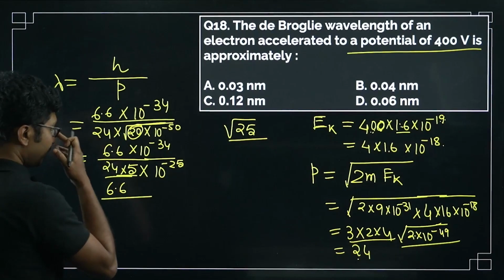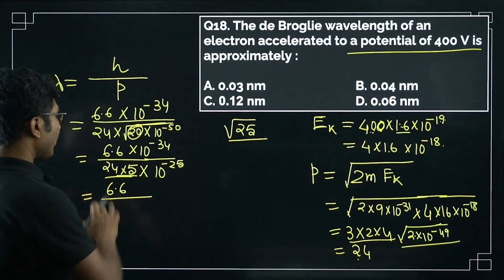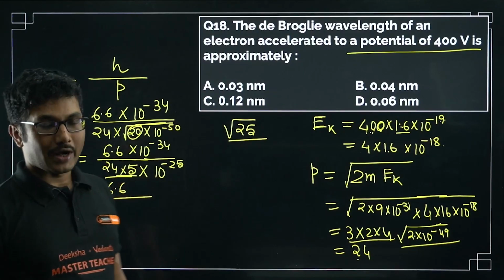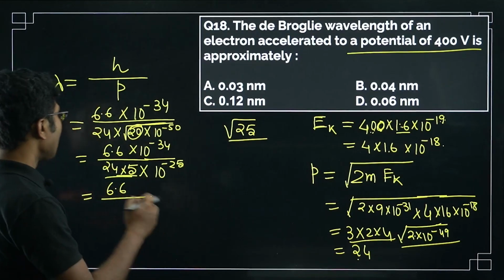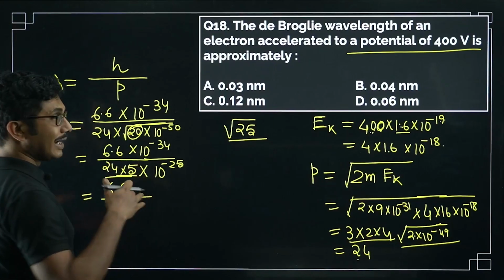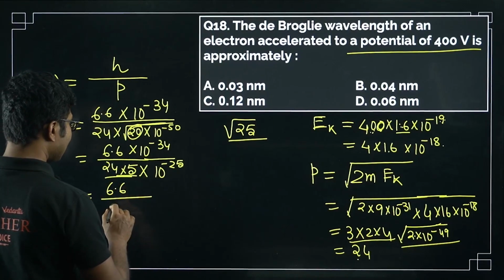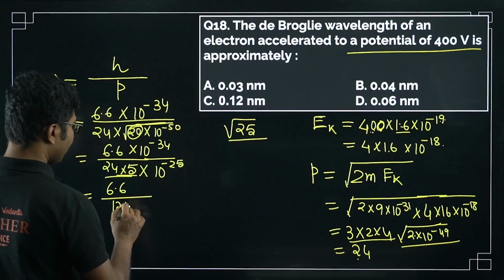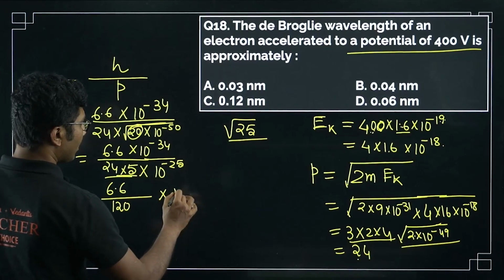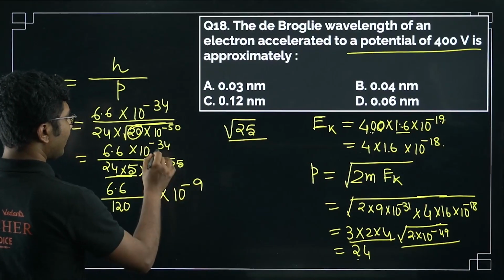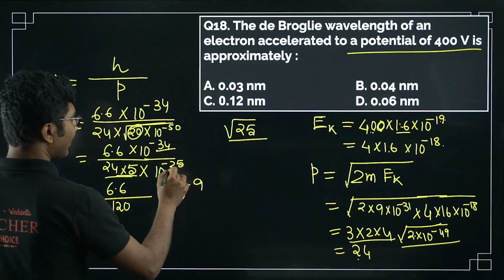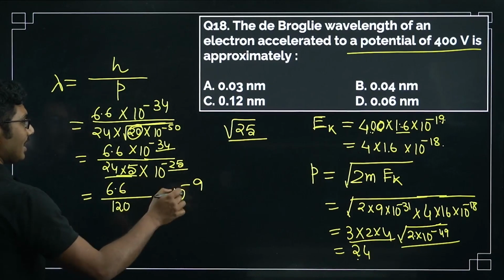No, sorry, it will be closer to 100. 25 into 5 is 125, 24 into 5 is approximately 120, but let's consider 120 only, that will be easier. 10 to the power of minus 9. Minus 34 divided by minus 25, so it is minus 9.